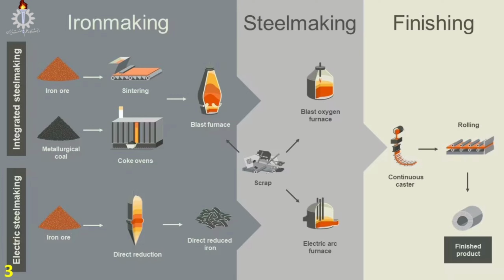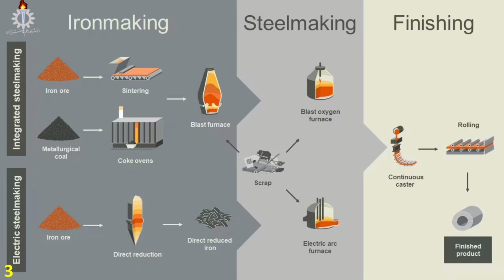Iron naturally exists as oxides and must be reduced to obtain pure iron. This reduction can be achieved through two primary methods, direct reduction and blast furnace. In the blast furnace method, coal serves as a reducing agent, while direct reduction employs syngas.